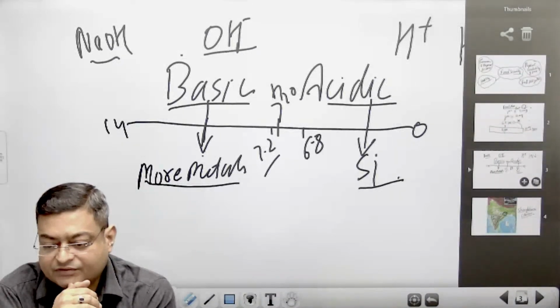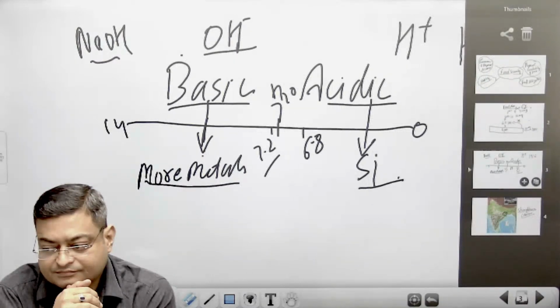The southern plateau and the Deccan is basically formed from basic lava outpour. That's why it has more metallic minerals.